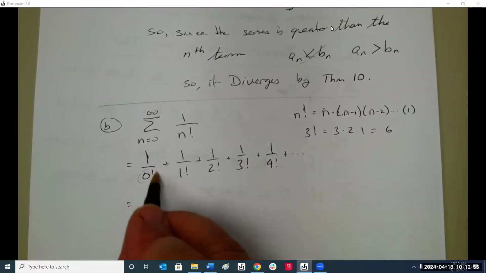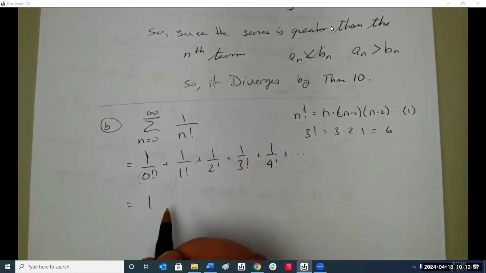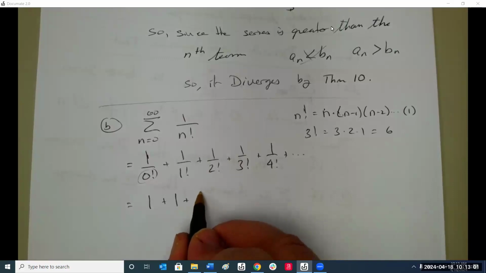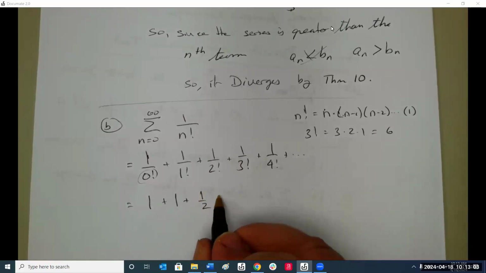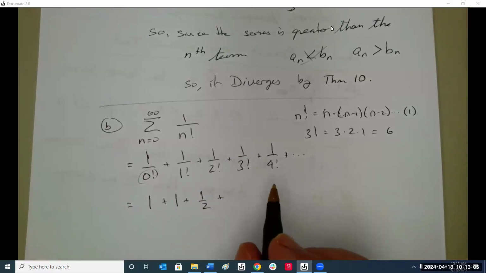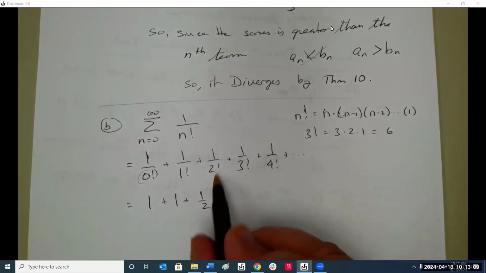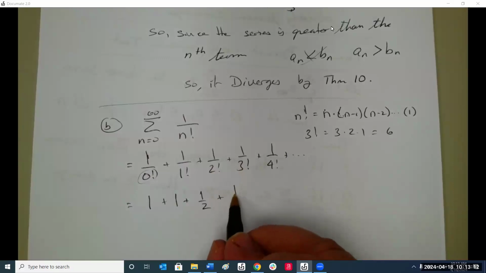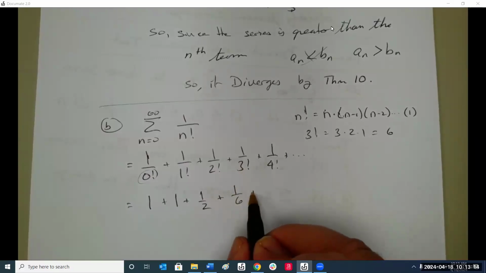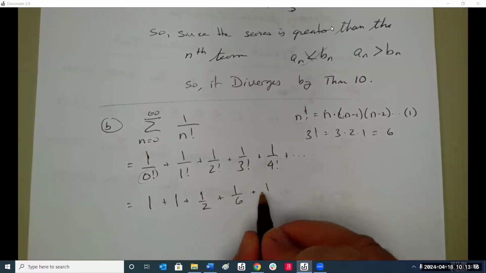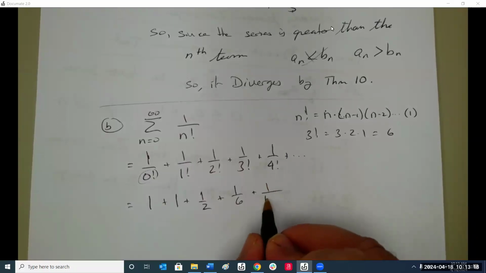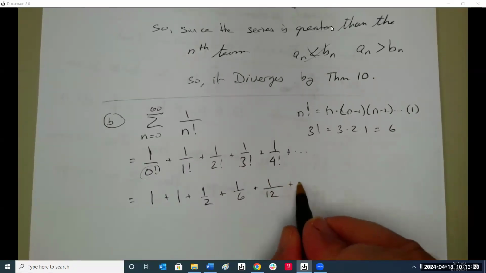So 1 over 0 factorial is 1. 1 factorial is 1. That's 2 times 1. That's 3 times 2. This is 1/6, 1/12, and so on and so forth.